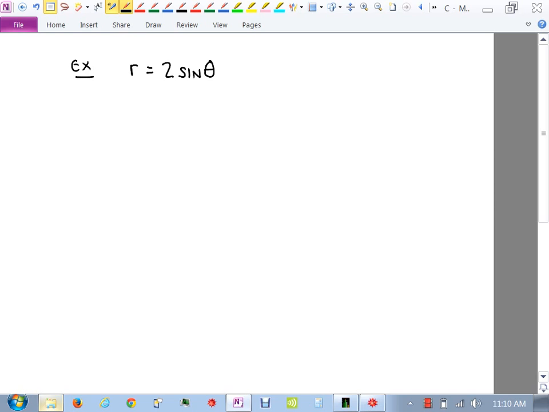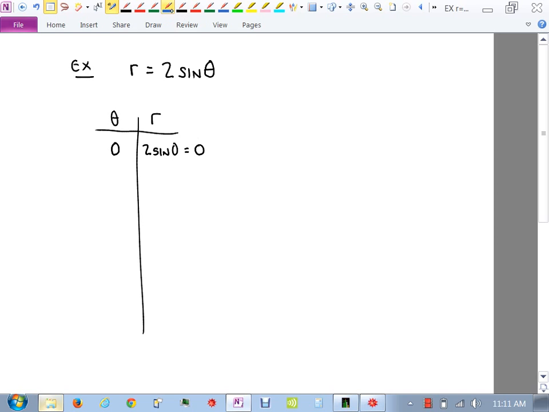So the way we're going to do this, we're going to try and do it with a t-table, just to see what happens. Here's theta, here's r. Let's pick some common angles where we know the value of sine. 0, okay, so at angle 0, we have 2 sine of 0. What's sine of 0? 0, right?